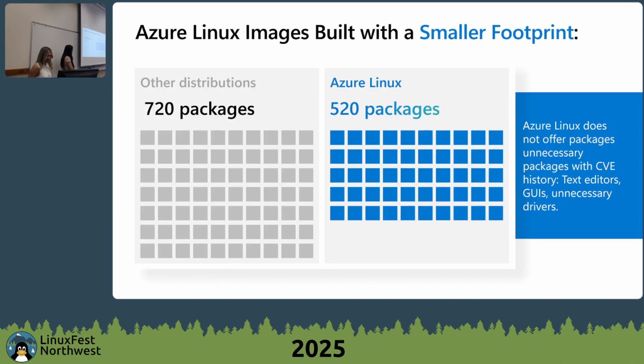This basically illustrates the point that we have, and these are rough numbers, between 200 to 250 packages fewer in our container host image. We basically remove unnecessary packages with a CVE history, things like unnecessary drivers and GUIs and text editors.